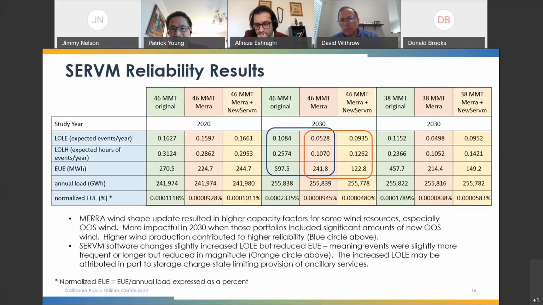And it did not appear very apparent in the fleet that we modeled in 2020. Anyone on the panel have anything to add to that?